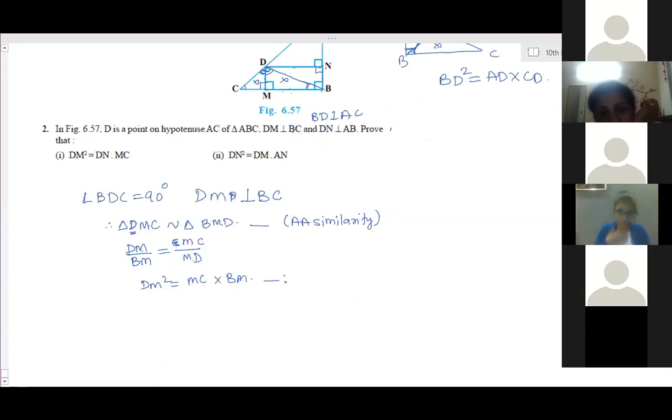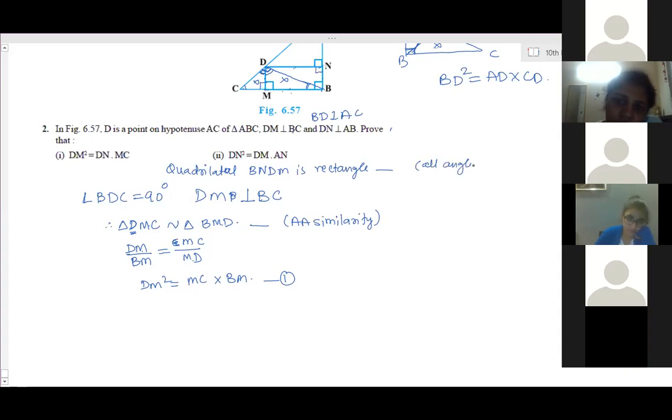Now make this equation 1. Or before this, write down quadrilateral BNDM is a rectangle, as all angles are equal to 90 degrees.